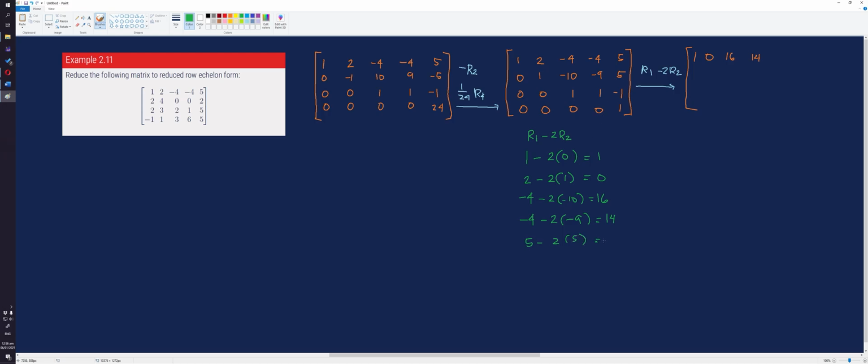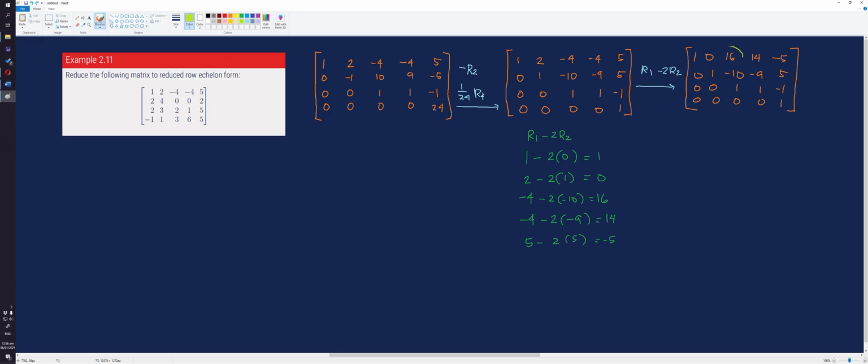Perform the operation and we get negative 5. We will just copy all the components of the other row since we are not doing something about it. Notice that the second column now is good to go.